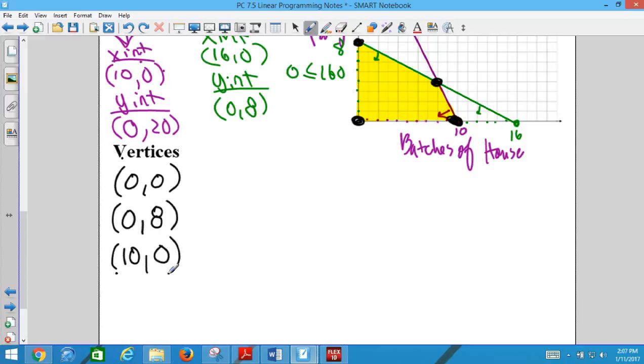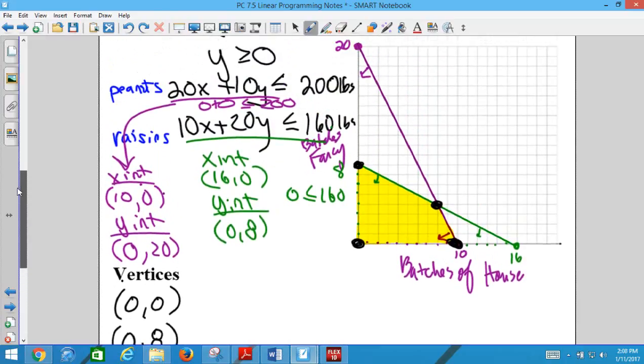Okay, so the fourth one is the intersection between my green and my purple lines. So I'm going to do that using algebra, not just looking at the graph, to make sure I know the exact place where these two graphs cross.